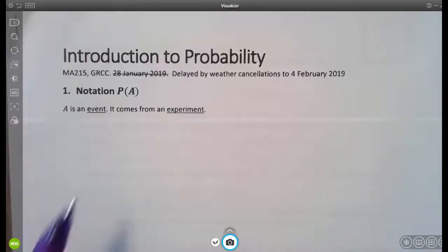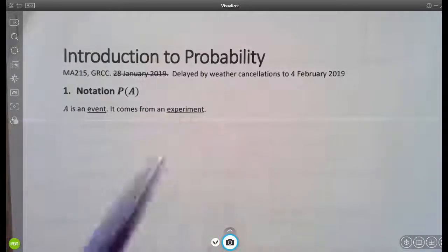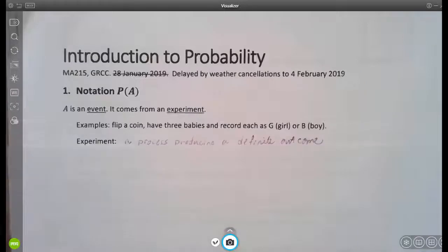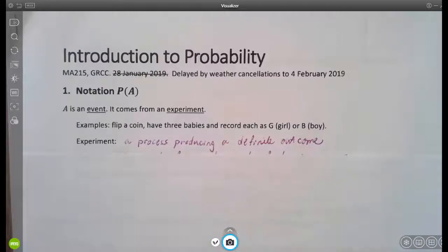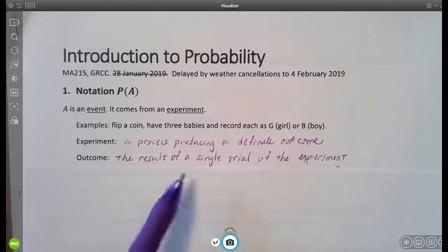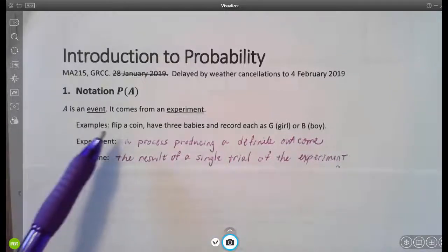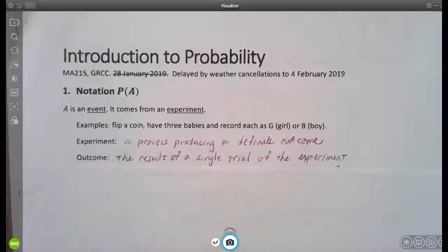What is an event? Well, an event is something that comes from an experiment. An experiment is simply any process that produces a definite outcome, and an outcome is the result of a single trial of that experiment. So for example, we could say flip a coin once, and the possible outcomes would be either head or tail.